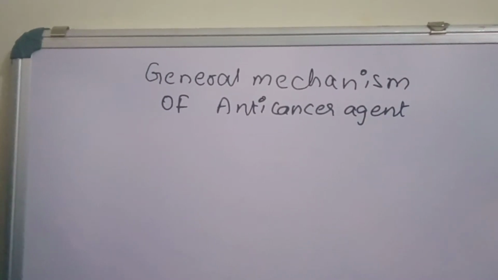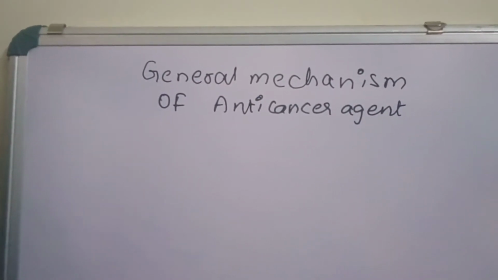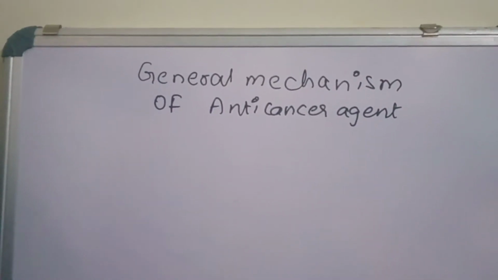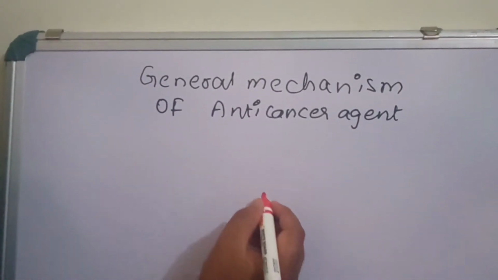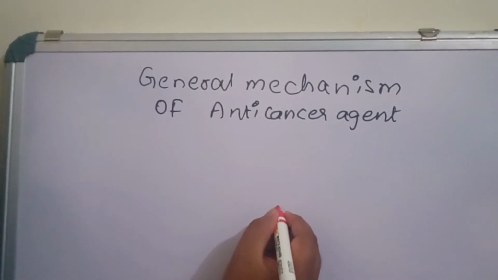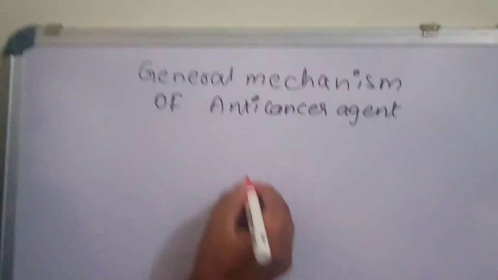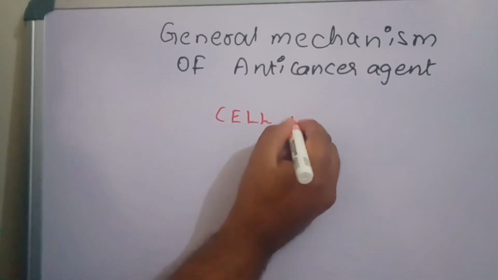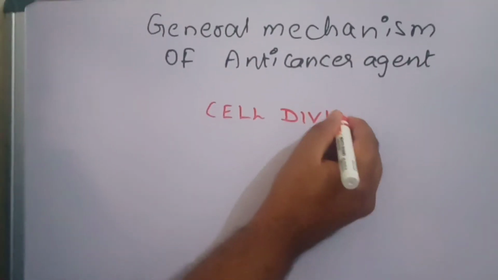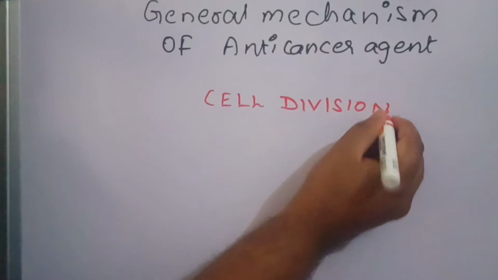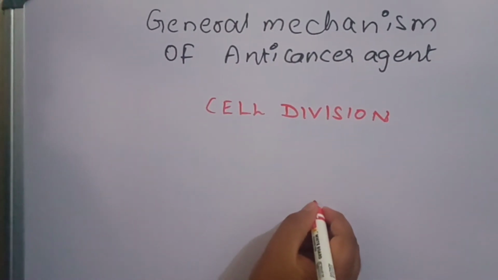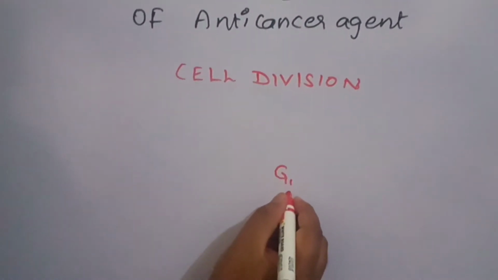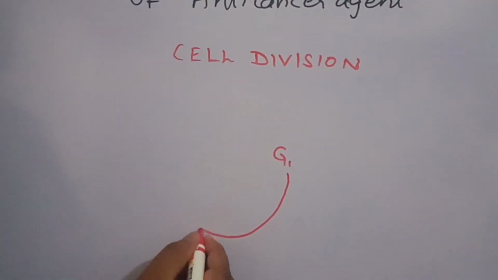To understand this general mechanism, we have to know the cell division process. So let us see how cell division takes place. Cell division. G1, I will tell you what this is. First I will draw it.